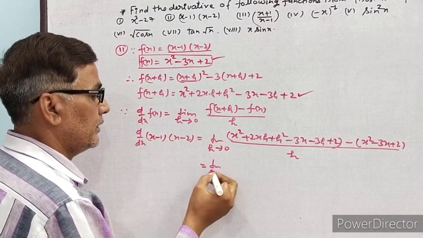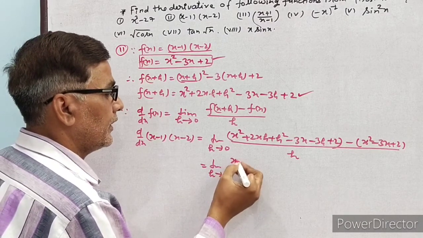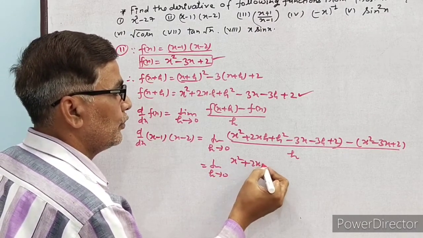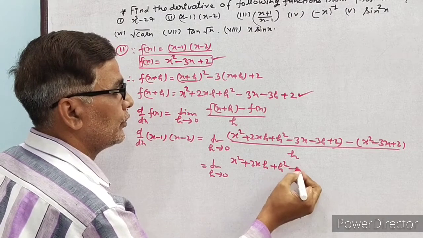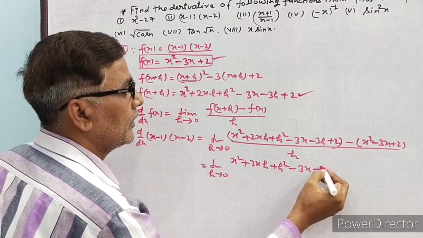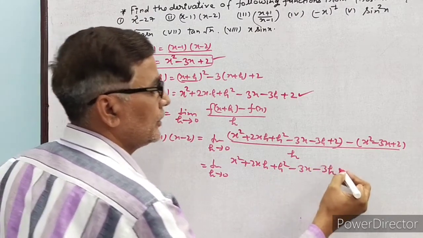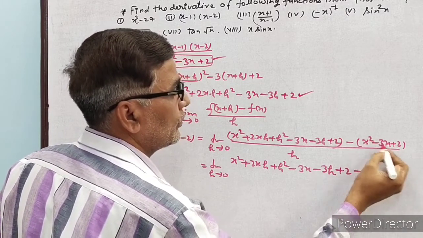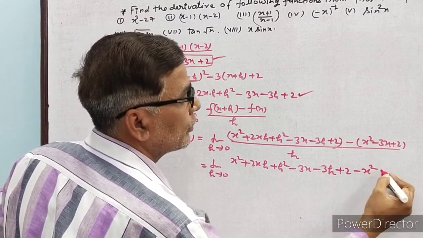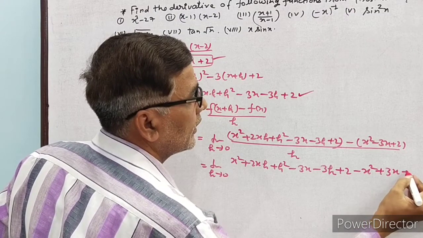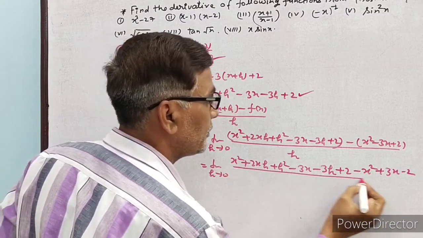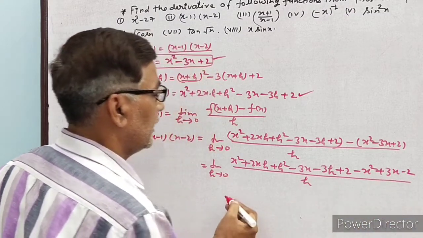Now open the bracket. We can write here x square plus 2xh plus h square minus 3x minus 3h plus 2, minus, open this bracket, becomes x square plus 3x and minus 2. The whole expression is again divided by h.